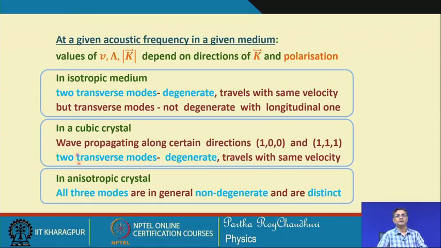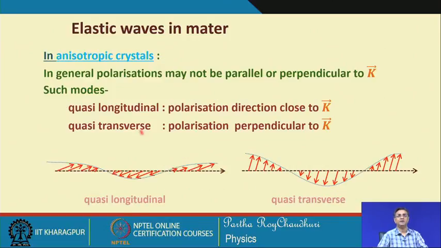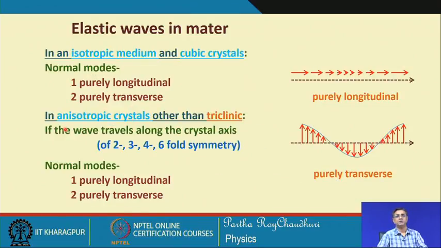So, by this discussion we tried to understand that when an acoustic wave travels through a medium, it deforms the medium, and this deformation will be decided by the polarization of the acoustic wave. It can have longitudinal polarization, it can have transverse polarization, and transverse polarization can have 2 degenerate modes.